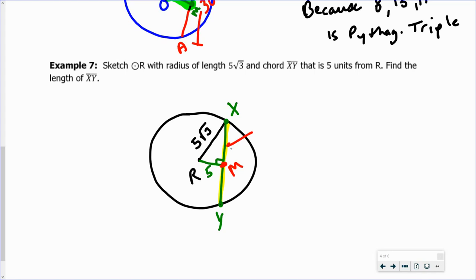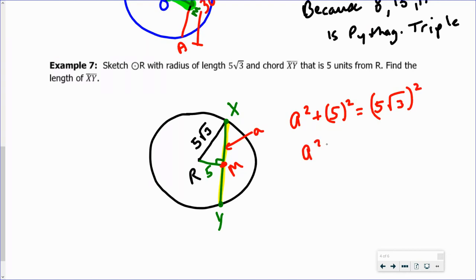So I'll just call that A. So A squared plus the length of the leg, 5, so 5 squared, equals 5√3 all squared.